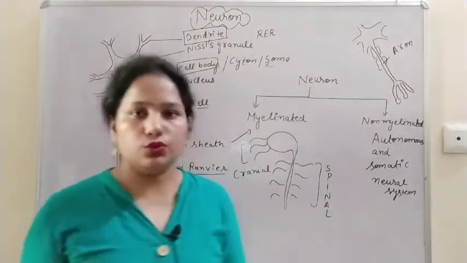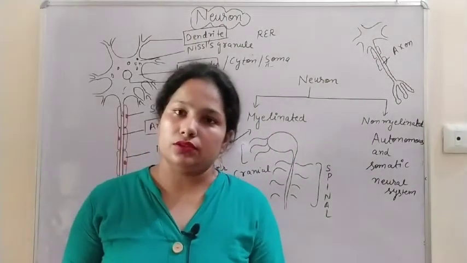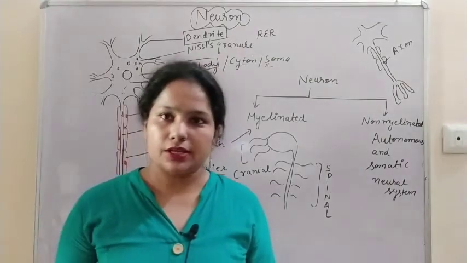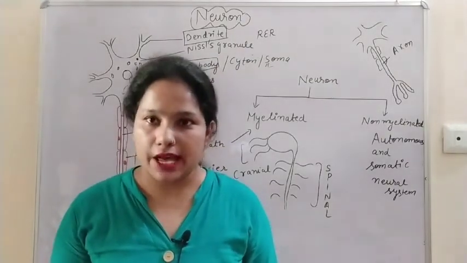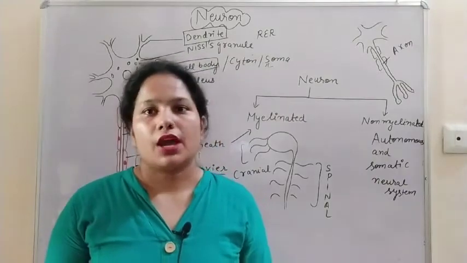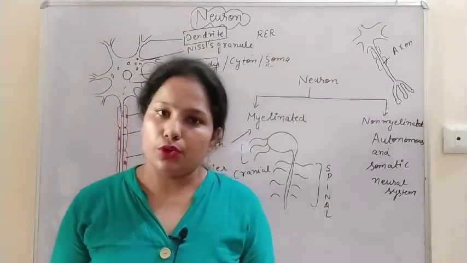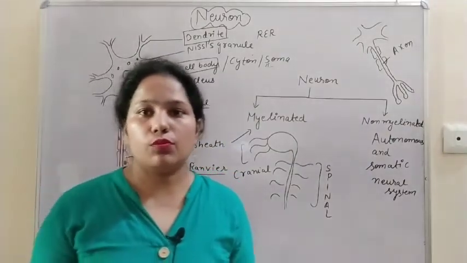these are of the myelinated type of neuron. And the bipolar neuron is present in the retina of the eye, multipolar in the cerebral cortex region, and the unipolar is present in the embryonic stage. These are very important.